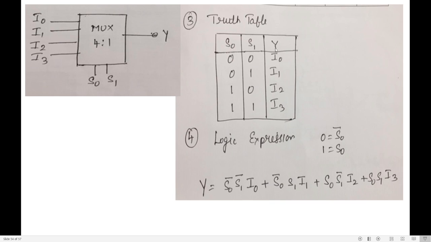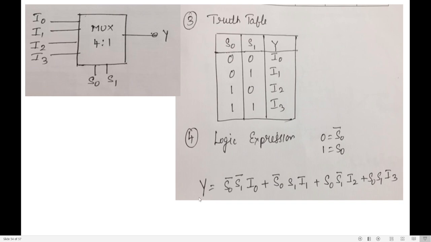Let us write the equation for Y. Y is equal to S0 bar S1 bar I0 plus S0 bar S1 I1 plus S0 S1 bar I2 plus S0 S1 I3. This will form my equation Y. Always you need to write 0 as S0 bar and 1 as S0, and similarly 0 as S1 bar and 1 as S1. Clear? So this is how I got the expression Y.